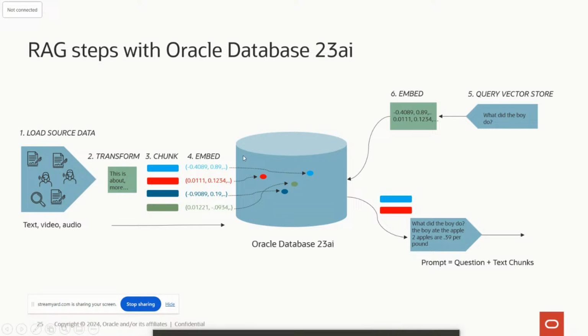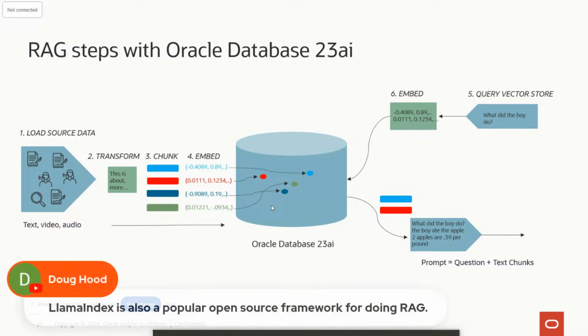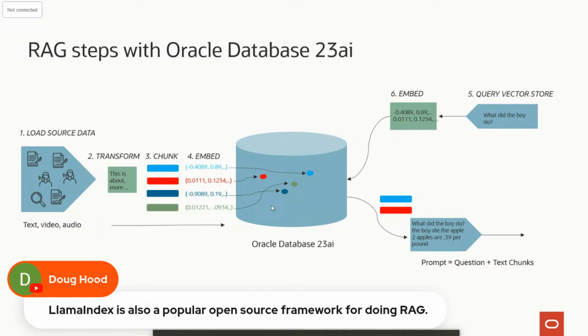So if this is using a certain model, the question also has to be vectorized in the same model, and then the search happens. Once the search happens, the similarity search is in milliseconds to microseconds, even when you have thousands of data.